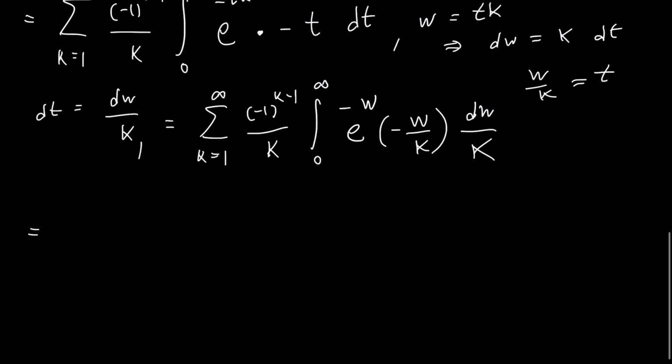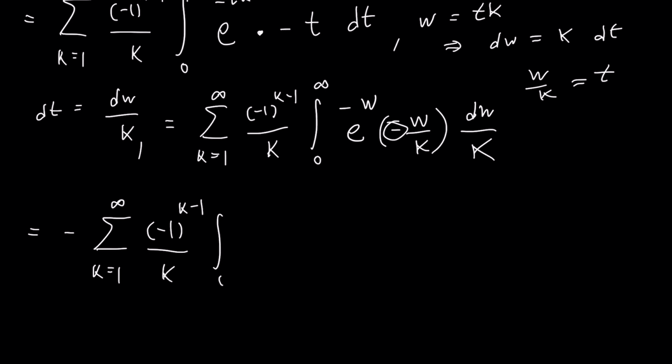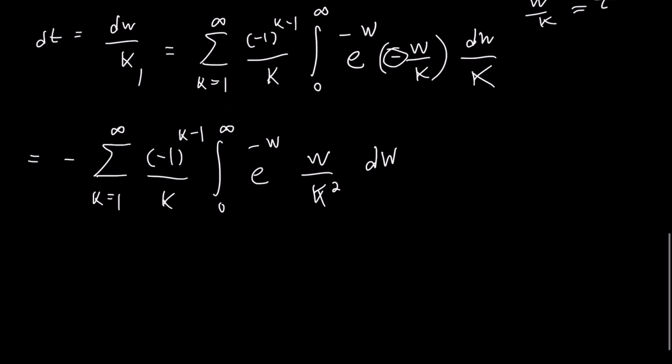So this is equal to, I'll factor out this negative, minus the sum from 1 to infinity, negative 1 to the k minus 1 over k, and then the integral from 0 to infinity of e to the minus w times w over k squared dw, and we could factor out the 1 over k squared.